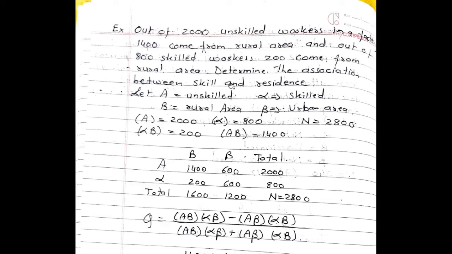So unskilled workers we have defined as A. So frequency of class A is equal to 2000. Frequency of class alpha is equal to 800. Frequency of alpha B is equal to 200. And frequency of AB is equal to 1400. From A and alpha we can get the value of N. N is nothing but A plus alpha, which is equal to 2800.